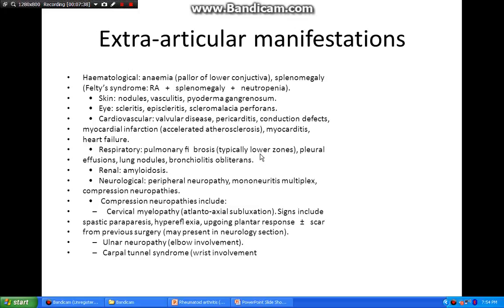Respiratory: you will find pulmonary fibrosis, pleural effusions, lung nodules, bronchiolitis obliterans. These are the other findings in the lungs. Renal: amyloidosis. Neurological: peripheral neuropathy, mononeuritis multiplex, compression neuropathies. Compression neuropathies include cervical myelopathy, which you have to look for, ulnar neuropathy at the elbow, and carpal tunnel syndrome.